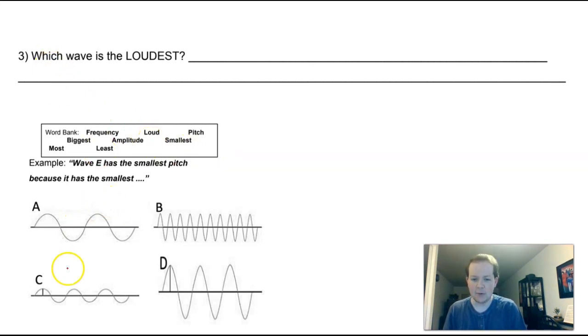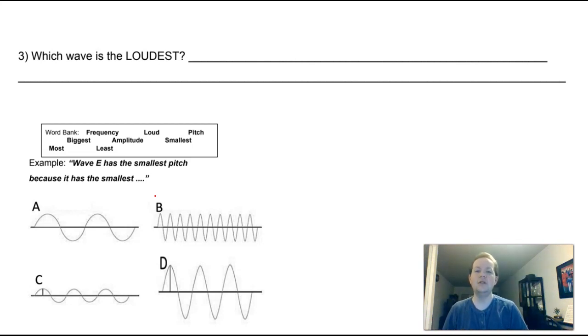Number 3, here are my waves, A, B, C, D. It is like multiple choice. Which wave is the loudest? What do you think? The loudest wave has the biggest amplitude. We learned that in an earlier video.